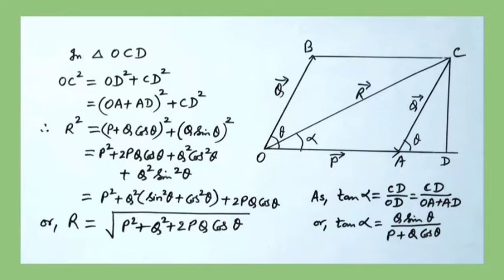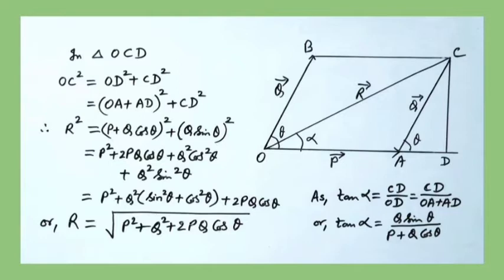Their sum, vector r, is represented by the diagonal OC. The angle between P and Q is theta, and R makes an angle alpha with P. By geometry, angle CAD is equal to theta, and side AC also represents vector Q.